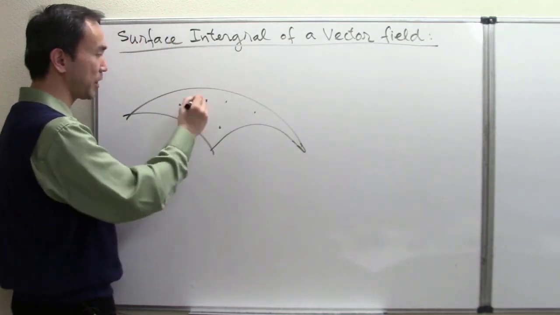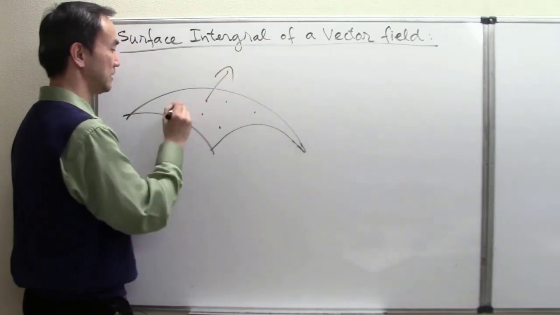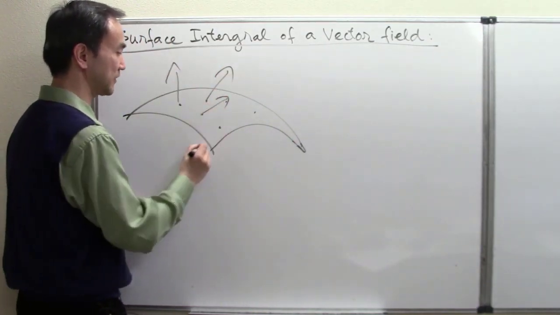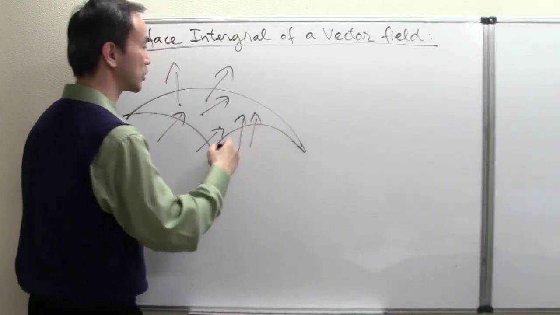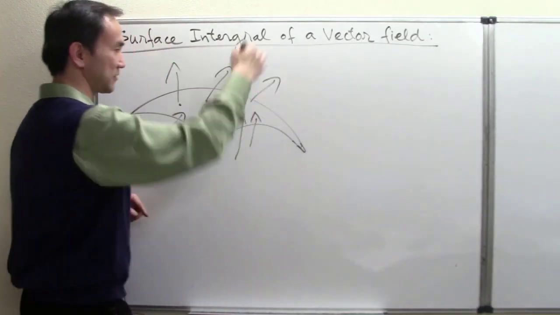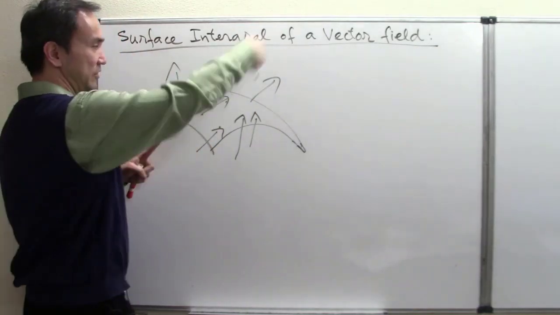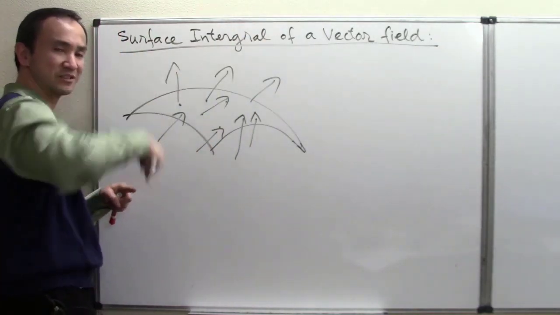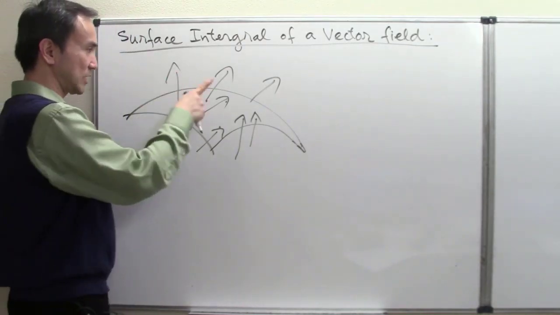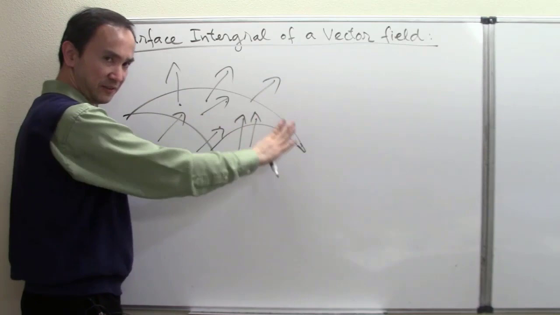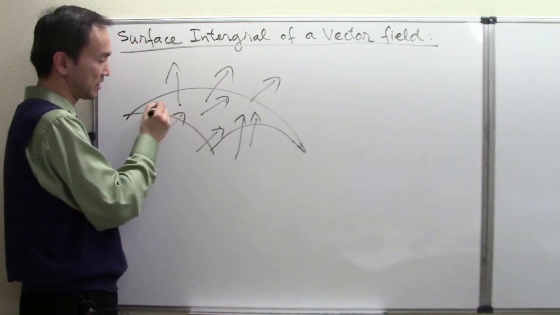So at every point on this surface, there's a vector, there's a vector, there's a vector. You can think about the vectors going through or going from the surface, or there could be a vector field where every vector is hitting onto the surface. That's why, having a vector field, we put our surface in it, and at every point there's a vector acting on it.